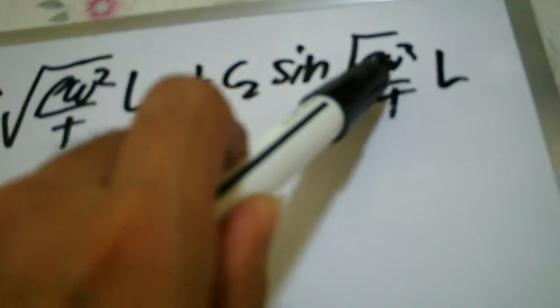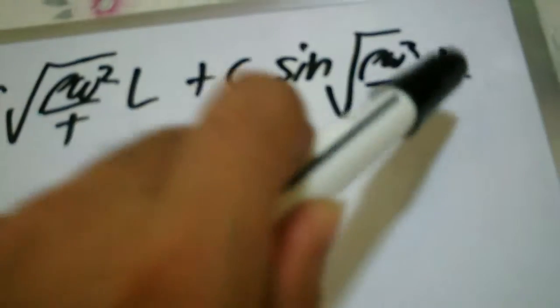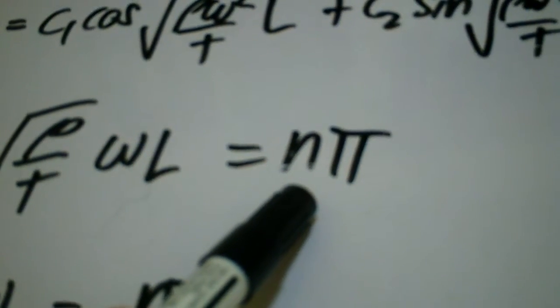Focusing on this term only, since we can eliminate the other because c1 is equal to 0, we will have square root of rho over T omega L. Since it is rho omega squared under the square root, we can make it omega L equals n pi, from what I explained earlier.